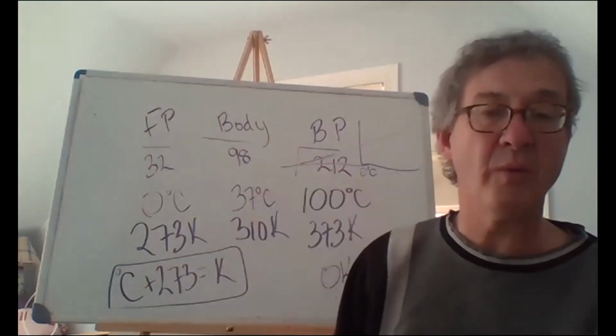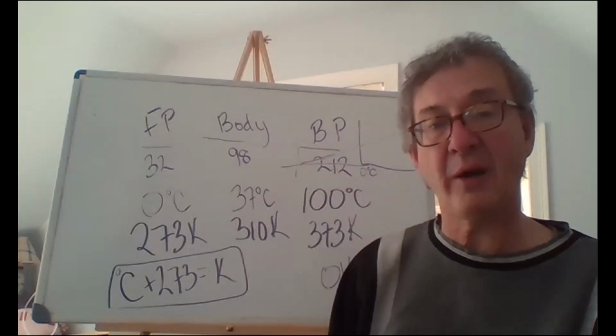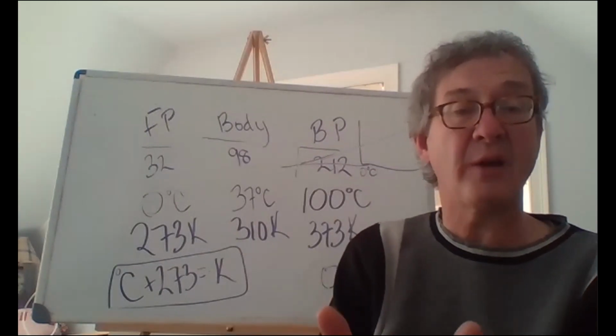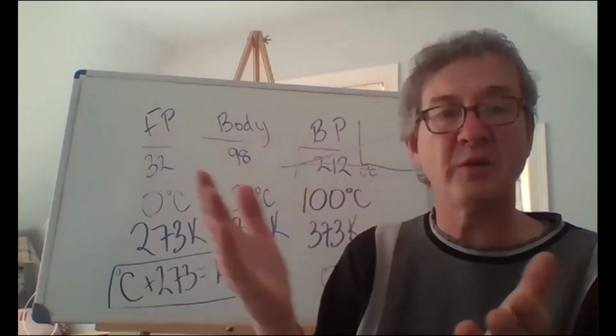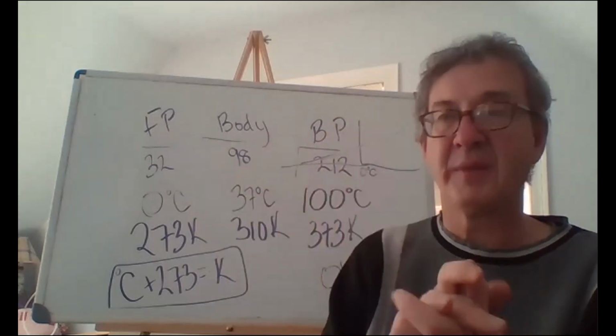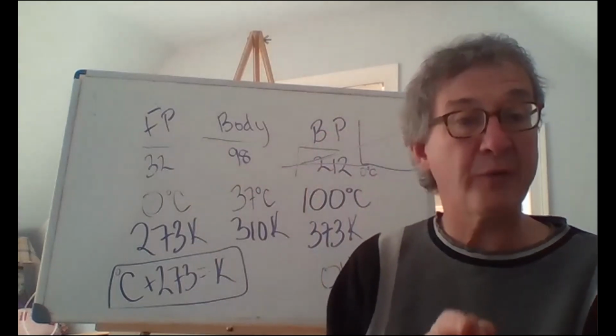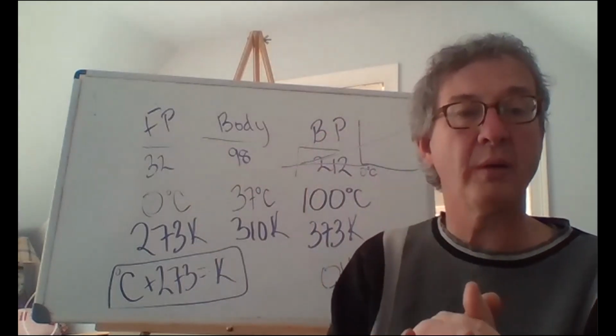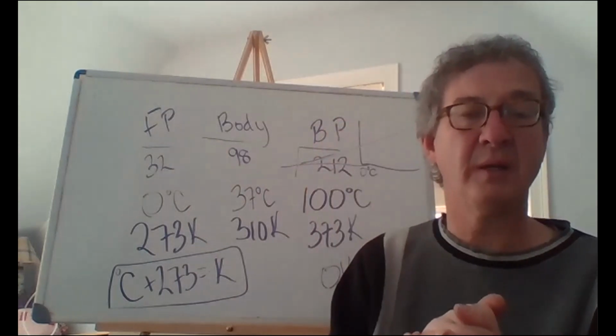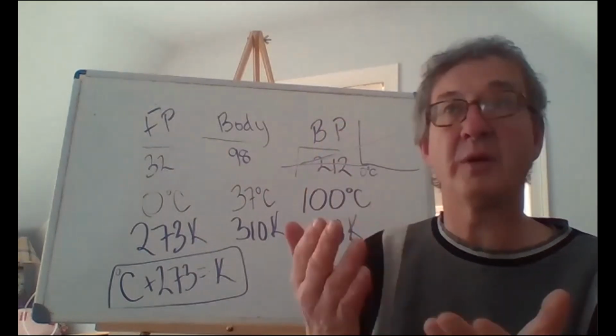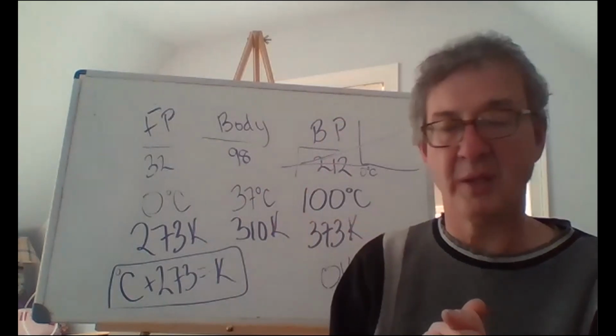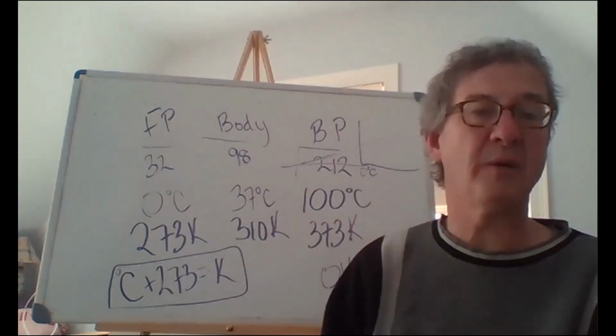You do need to know Lord Kelvin's scale, which says that whatever the Celsius is, just add 273. If it's, you know, -4 Celsius, -4 plus 273 is Kelvin, which would be 269 Kelvin. So you do need to know that scale.